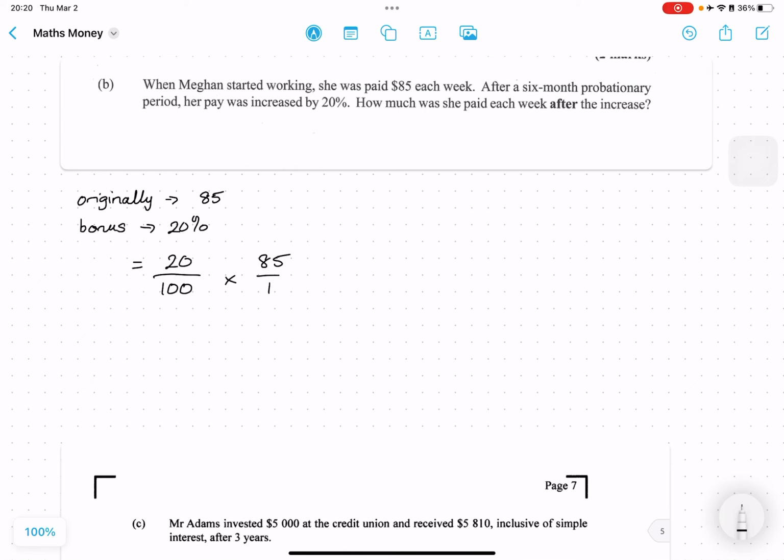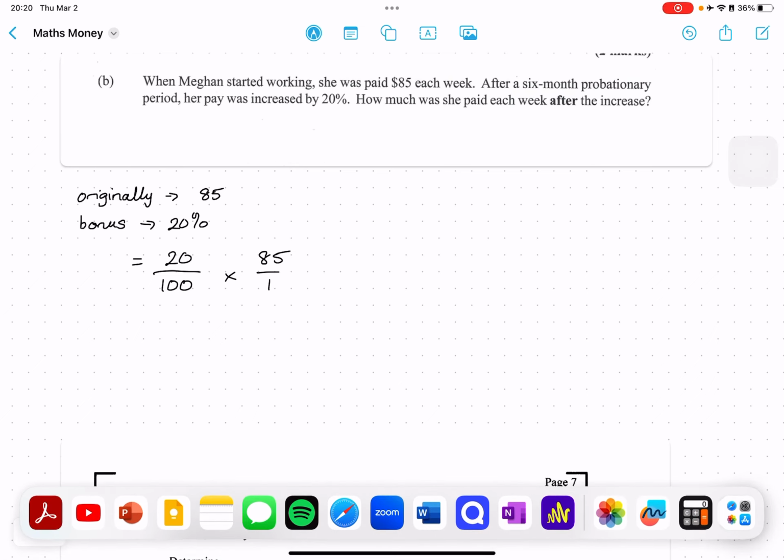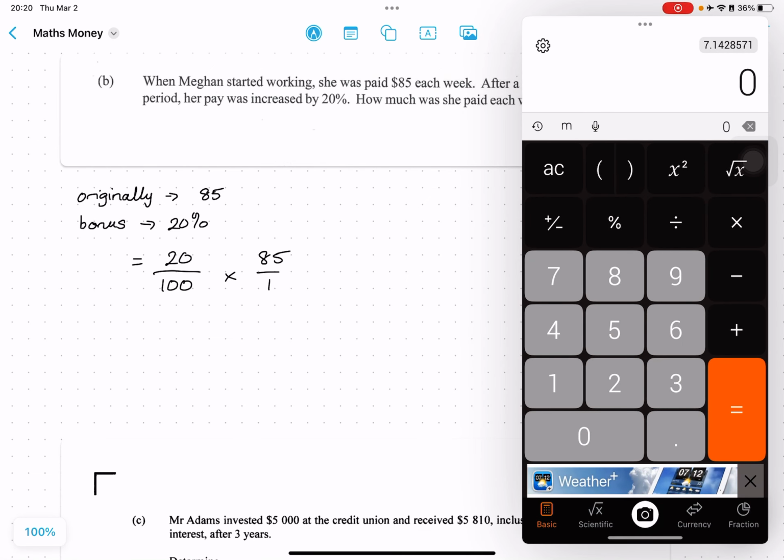Alright, so you can choose to put this in a calculator, or you could work it out. It really doesn't matter. So I will simply just work this out in my calculator here. So 20 over 100 is actually 1/5, right? You could actually find that here by dividing 20 over 100. That 0.2 is 1/5. And we simply multiply that by 85, and you get 17.